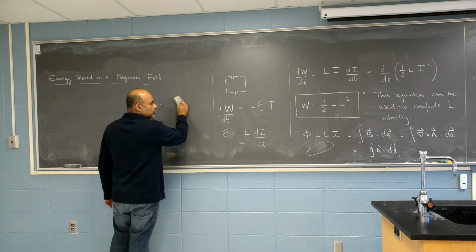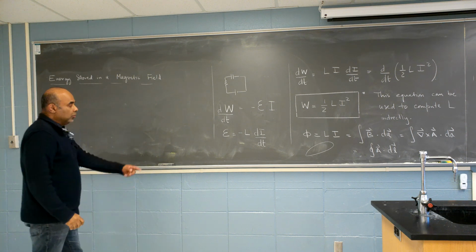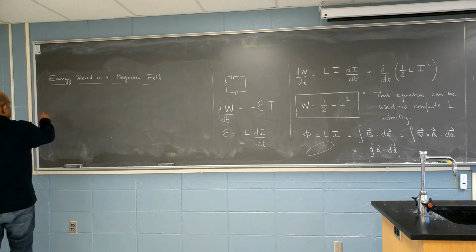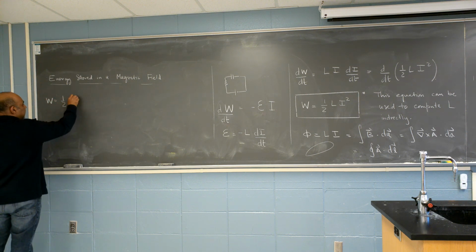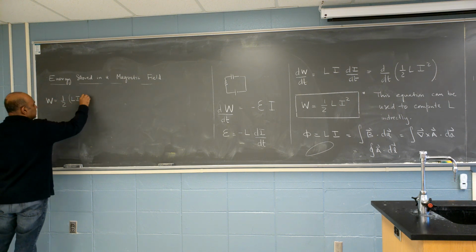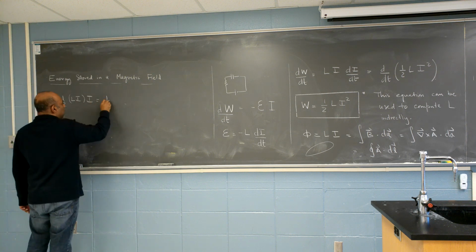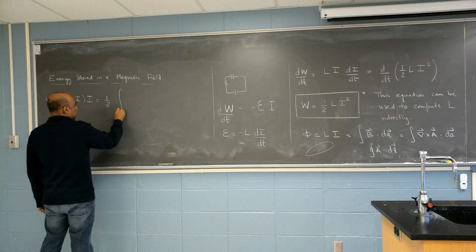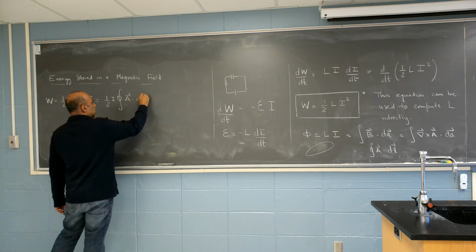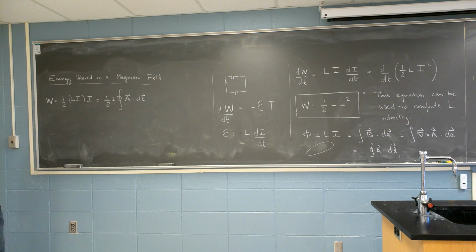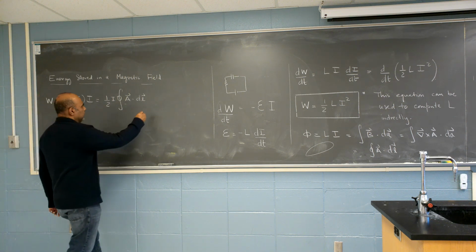So we now get work is equal to 1/2 Li times I, which is 1/2 I A dot dl. We've done this before.